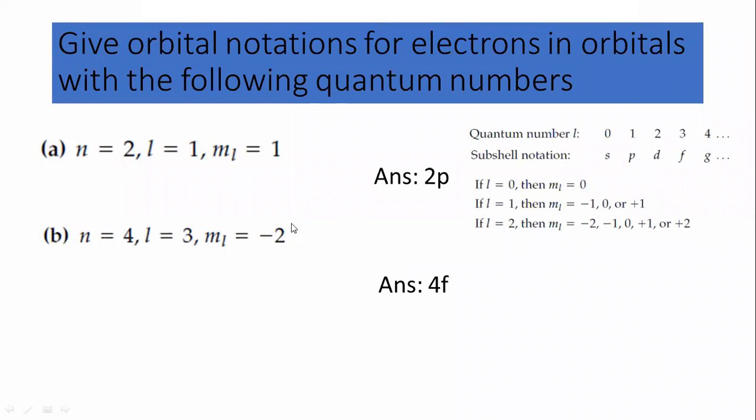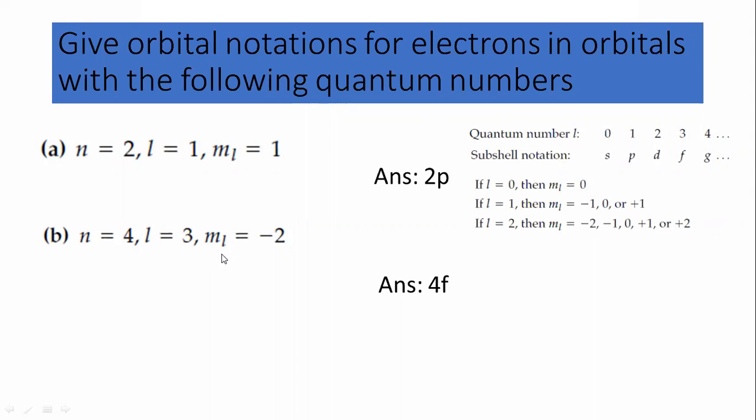Now one of you had a question, what does -2 mean? You just have to decide, because when the value of L is 2, there are 5 orientations, because 2L plus 1, 2 multiplied by 2 plus 1, is 5. So there are 5 orientations.